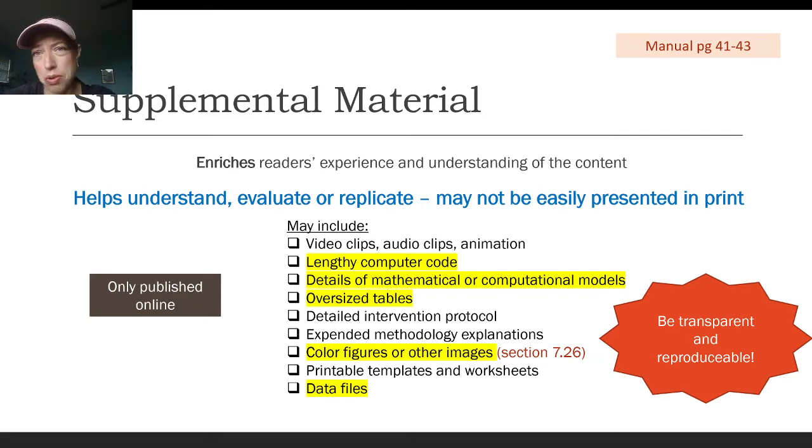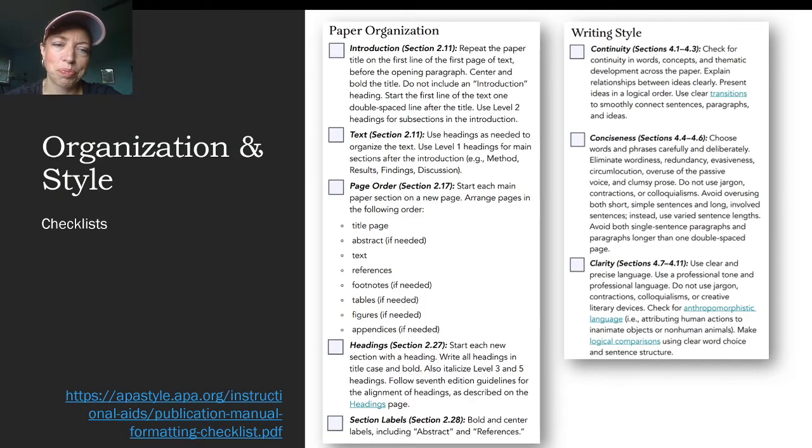So computer code, mathematical notation, very large tables, color versions of figures, or different versions of figures. And even the data file itself can be part of the supplemental material. Again, science as a whole, especially with the digital revolution, and transparency and reproducibility pushes, is pushing us to include our data where feasible, and the code itself, as part of any submission for publication.